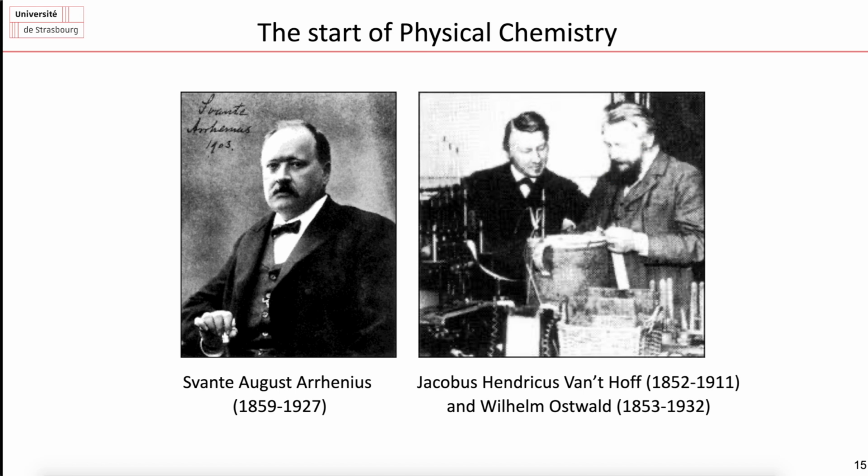And they started the journal, which is called Zeitschrift für Physikalische Chemie, which means the Journal of Physical Chemistry. It was first published in 1887 in Leipzig, and that really became a very influential journal in physical chemistry, and people started calling it also physical chemistry.